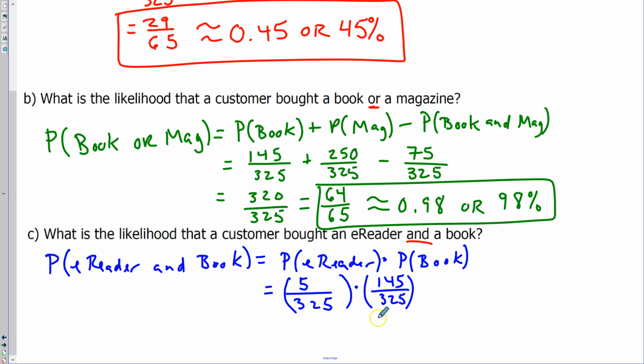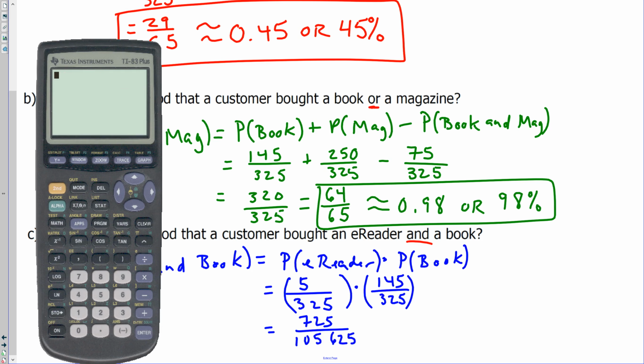So multiplication, we just multiply across the top. 5 times 145 is 725. Multiply the bottom, 325 times 325 is 105,625. That is a crazy big fraction. Definitely one I would likely want reduced in my calculator for me. So it reduces a little bit, it looks like here, to 29 out of 4,225.